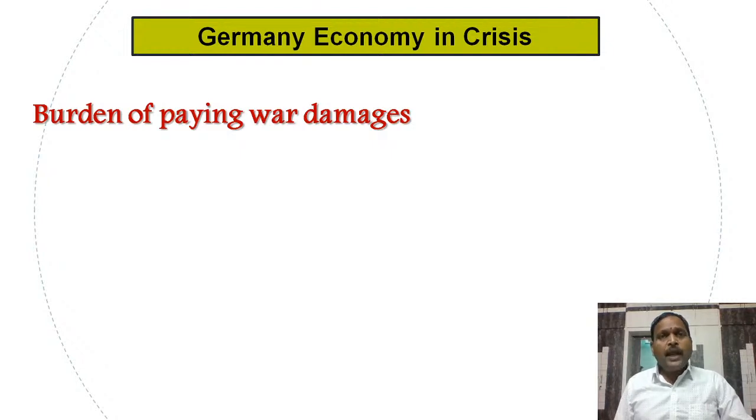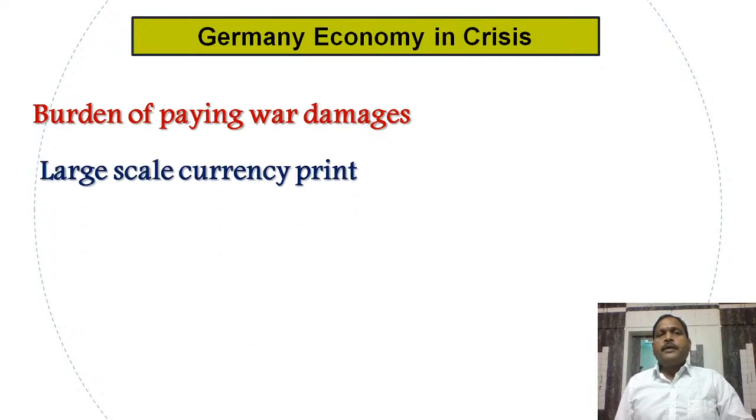So it has to pay the Allies. To face this, Germany made a mistake. Of course, it is not really a mistake, but Germany had no chance to get out of this crisis.